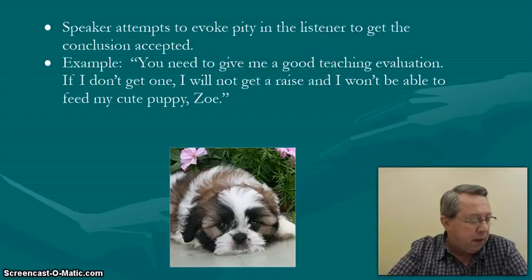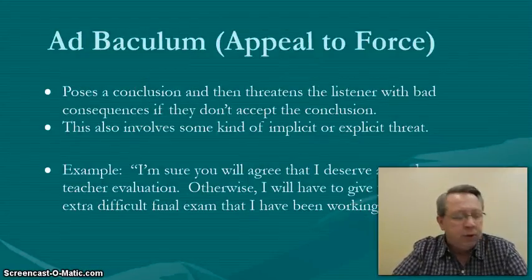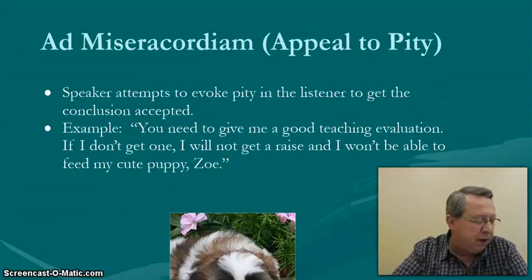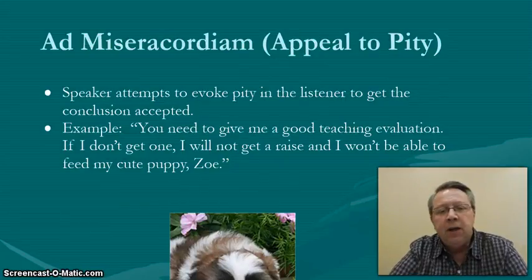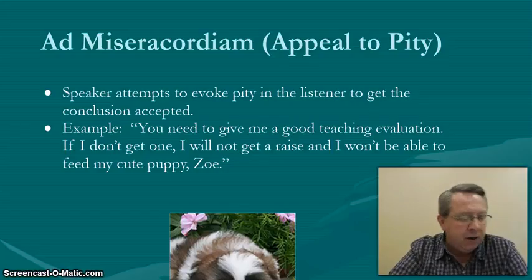Now, if we compare it to the last one, which was appeal to force, that applied to me as a teacher threatening you, right, with a consequence. Appeal to pity has more effect to me, applies to you as a student in responding to the pity.